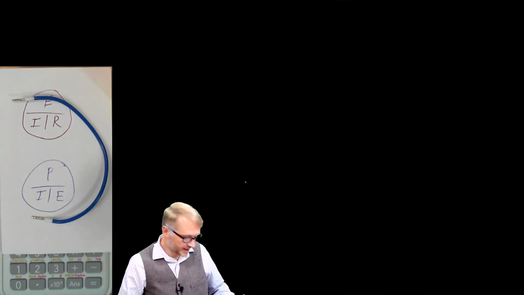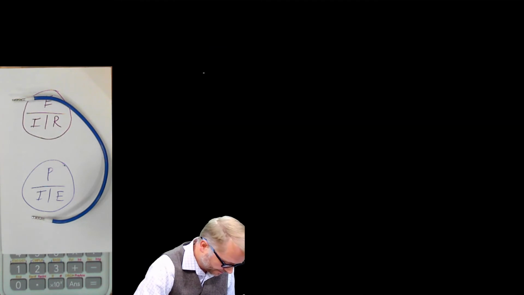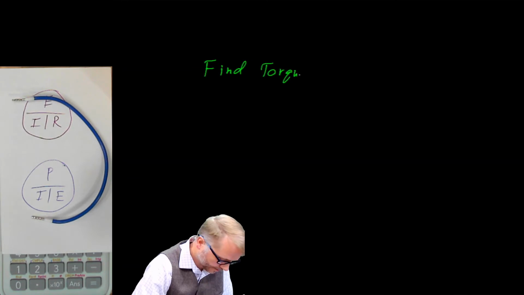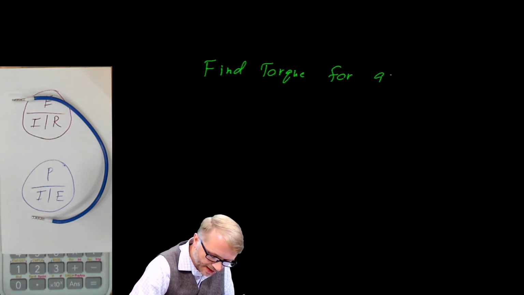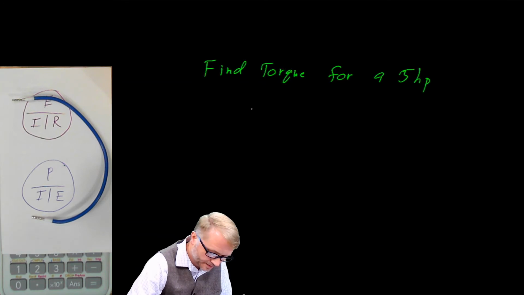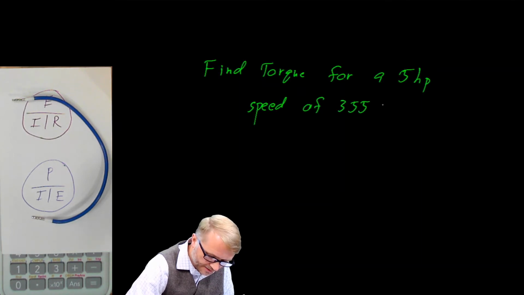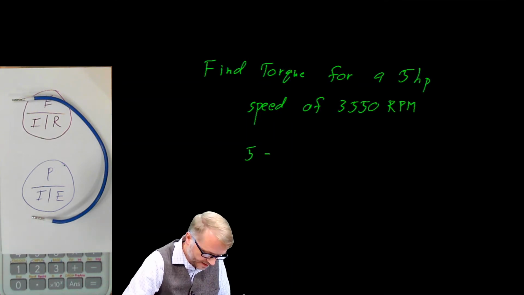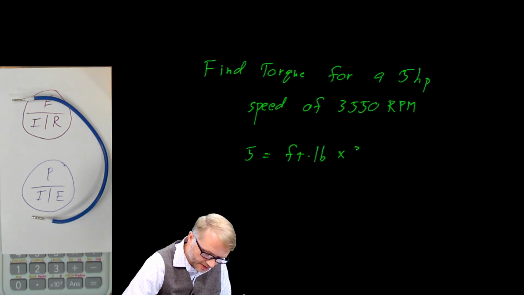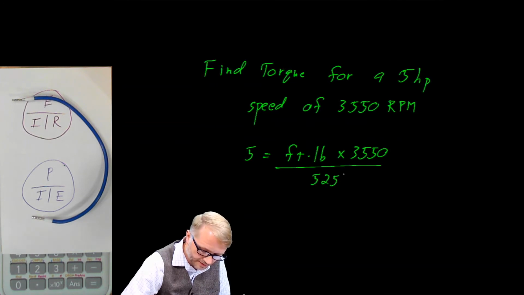Okay, let's see how we can use these equations. So here's an example. Find the torque for a 5 horsepower motor that has a speed of 3,550 RPM. So 5 is equal to the torque, that's in foot-pounds, times 3,550 over 5252.